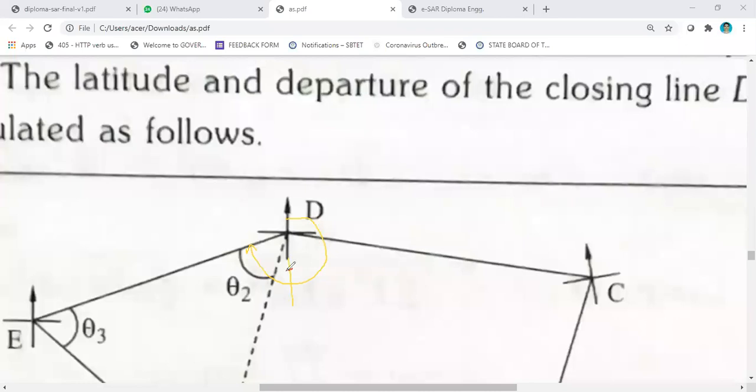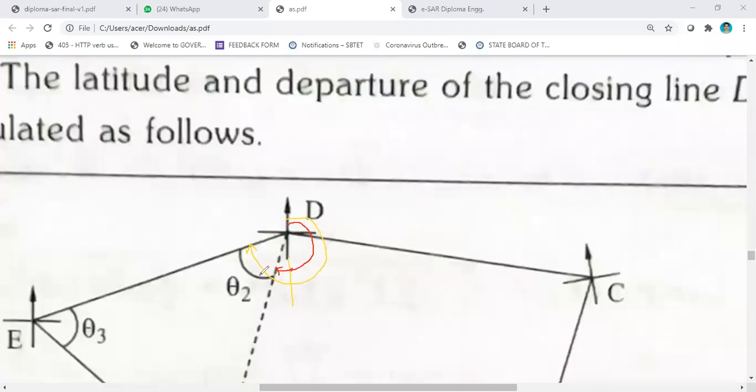Now the angle marked in red color, when you measure in quadrantal bearing, is the bearing of DA. Otherwise, I'll mark it with the red color from the north direction. So this is the bearing of the line DA, the forebearing of line DA.